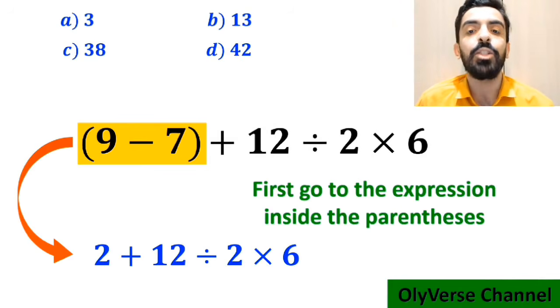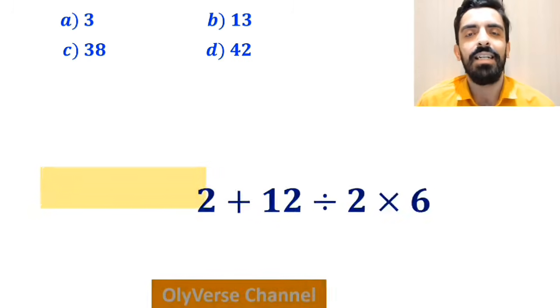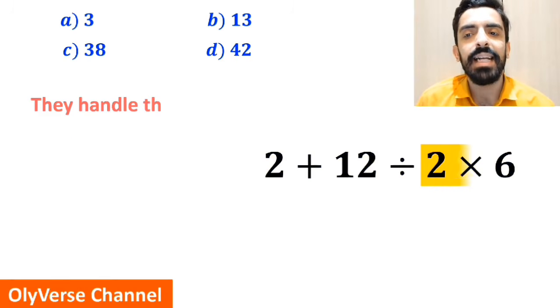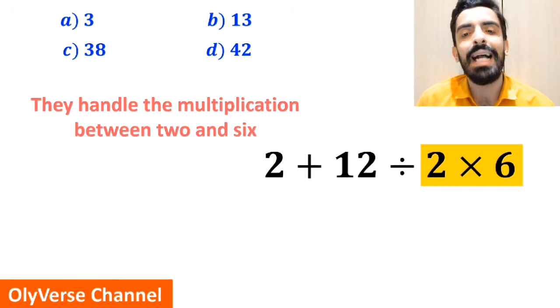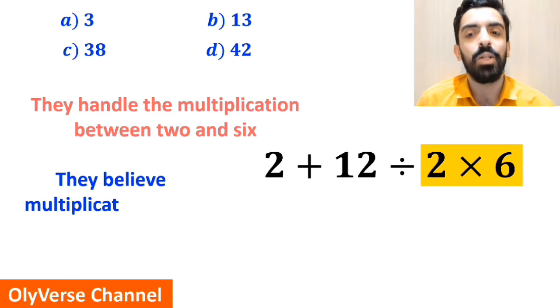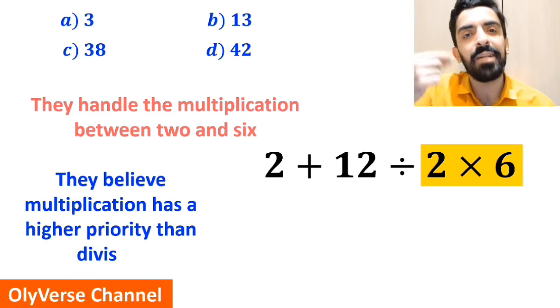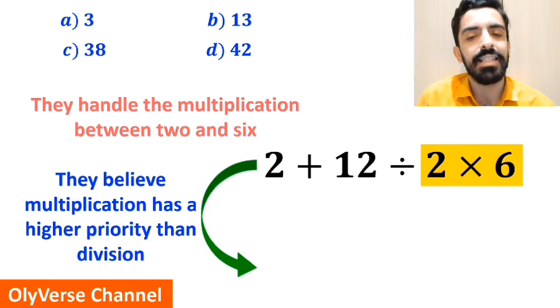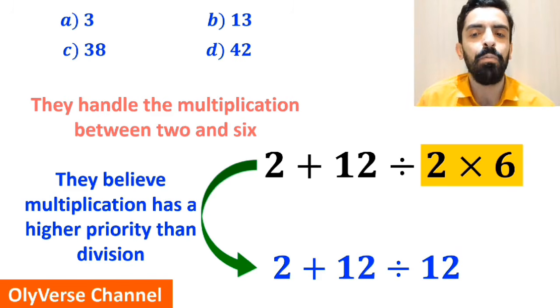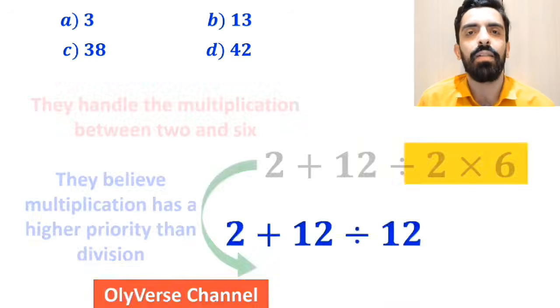Also, some other people when solving this question first go to the expression inside the parentheses and write this expression as 2 plus 12 divided by 2 multiplied by 6. In the next step, first they handle the multiplication between 2 and 6 because they believe multiplication has a higher priority than division. So, they rewrite this expression as 2 plus 12 divided by 12.